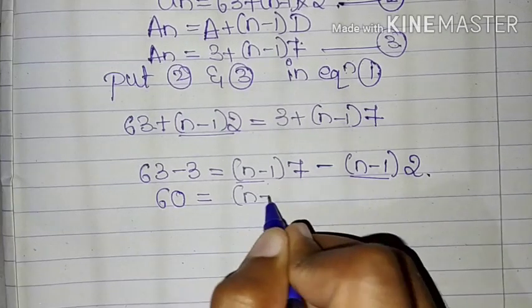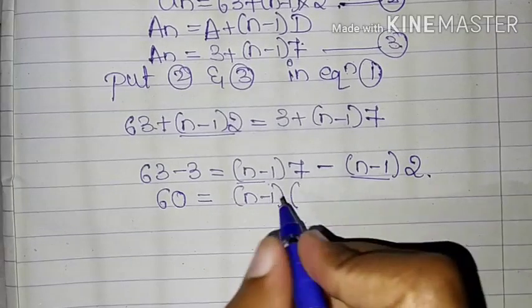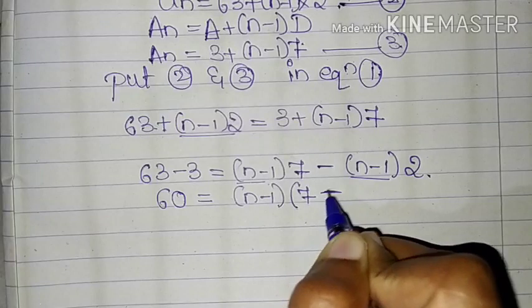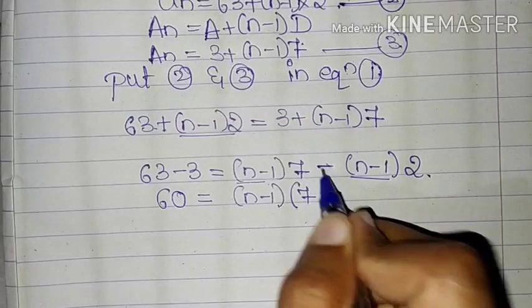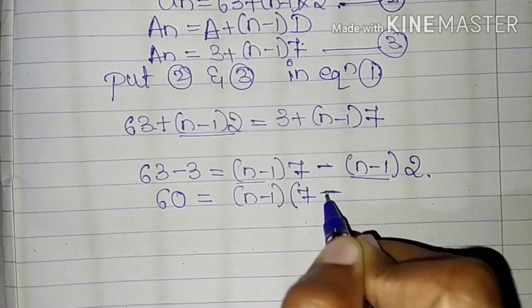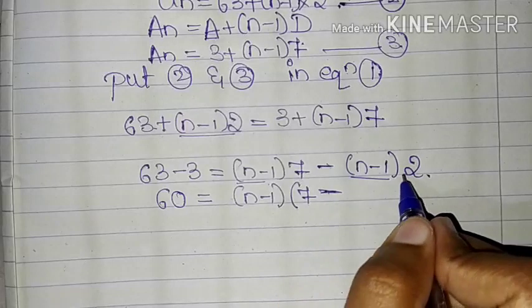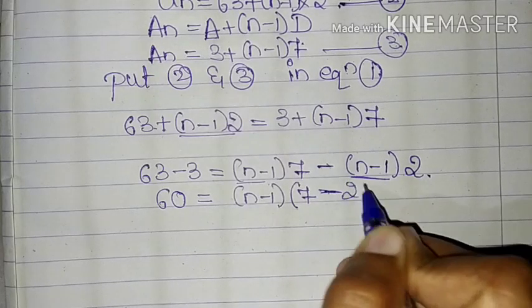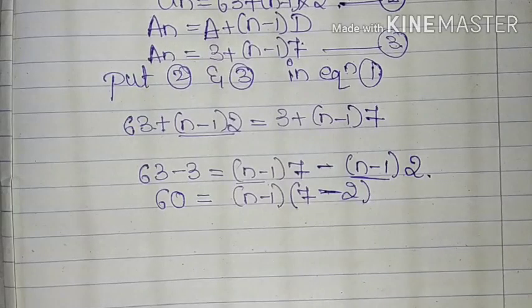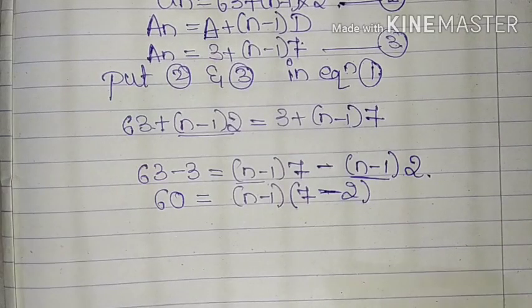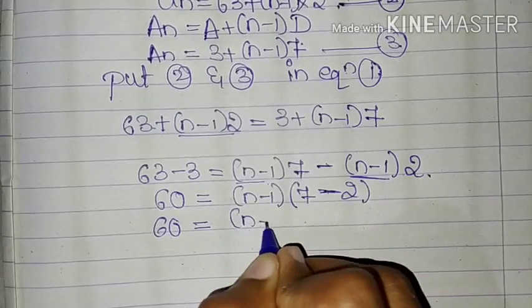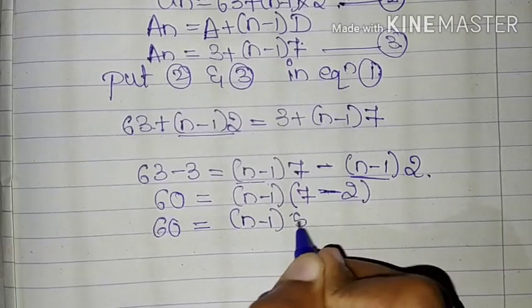I'll take it out. What remains is 7 minus 2. So 60 is equal to n minus 1 into 5.